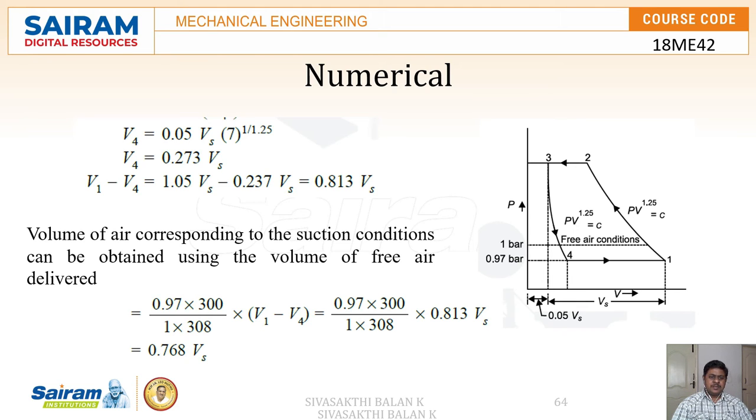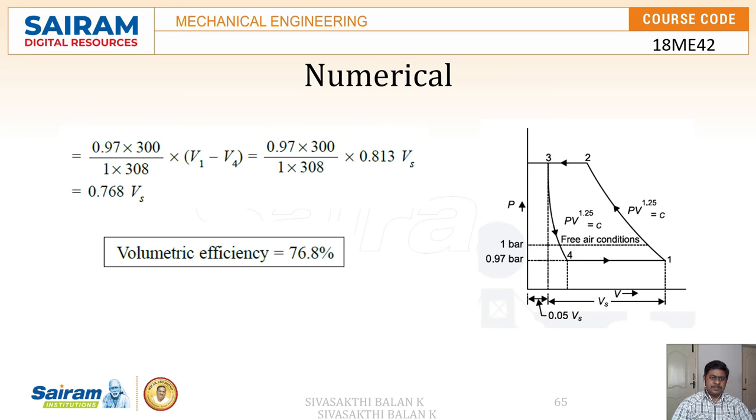So, we replace the known values in the formula and substitute, and we get the final result as 0.768 times swept volume.